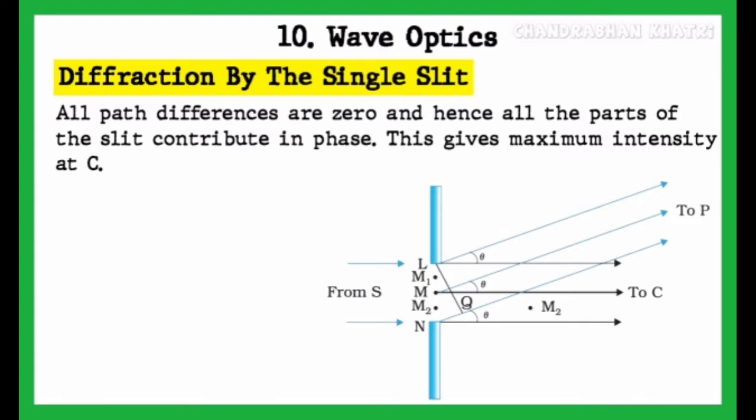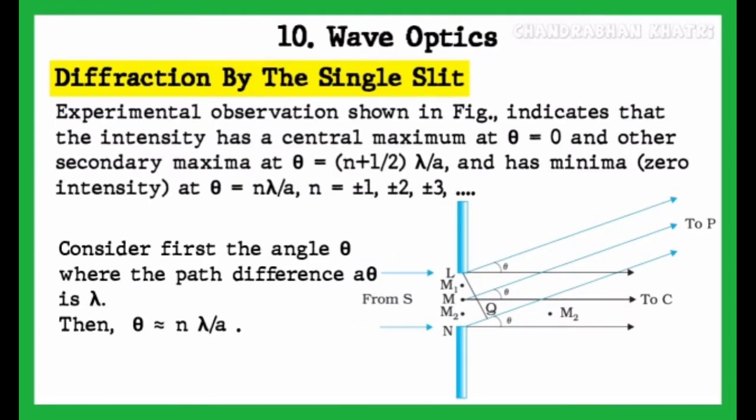This gives maximum intensity at point C. The experimental observation shown in the figure indicates that the intensity has a central maximum at theta equal to 0 and other secondary maxima at theta equal to n plus half into lambda by a, and has minima of zero intensity at theta equal to n lambda upon a, where n is equal to plus minus 1, plus minus 2, plus minus 3 and so on.